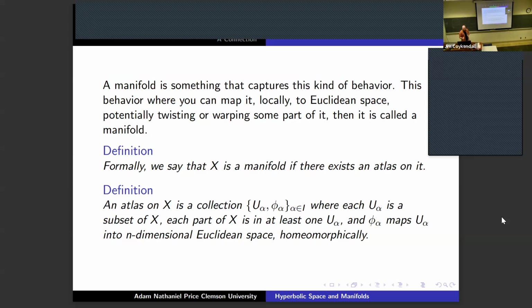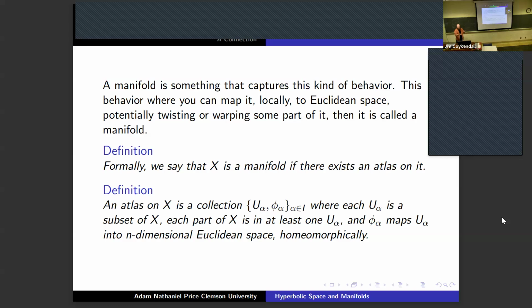Each U alpha is a subset of the manifold. It's a thing contained on the manifold. So if you're talking about the Earth, it's a region. It's a patch of the Earth. And each phi alpha is a map from that region to Euclidean space, or you flatten it out.